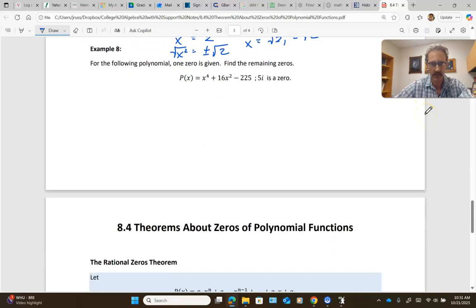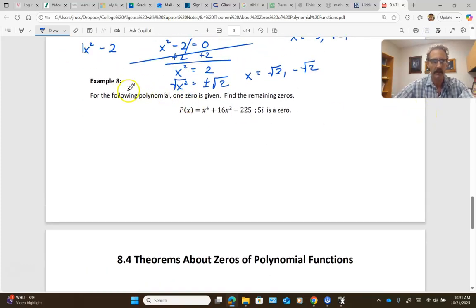Alright, so let's do example 8 now. It says for this polynomial one of the zeros is given, so it's nice that we know one of the zeros without having to do any work. And then it says to find the remaining zeros. Now notice the nature of this zero that's given. It's imaginary, and we know these come in pairs.